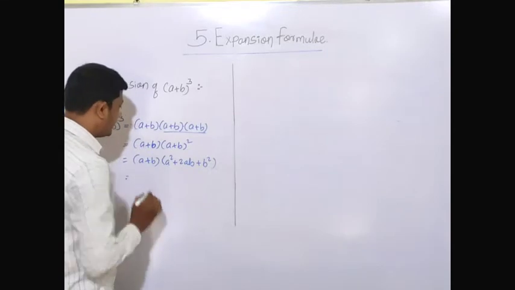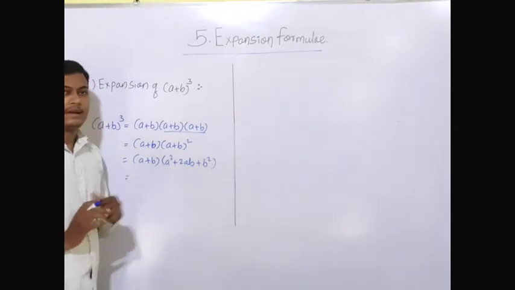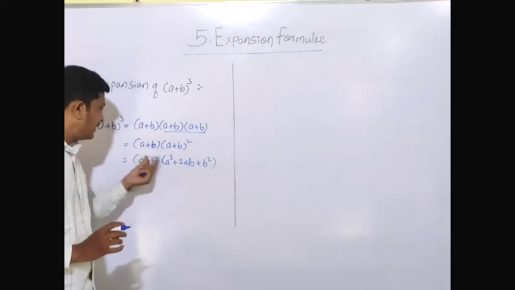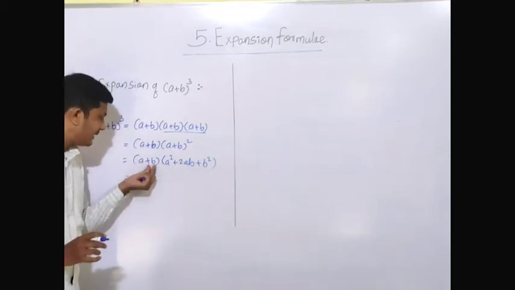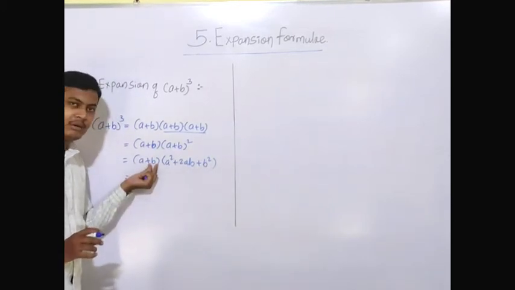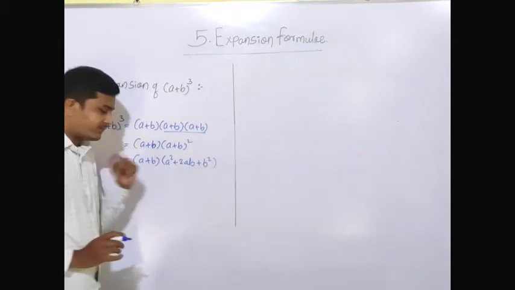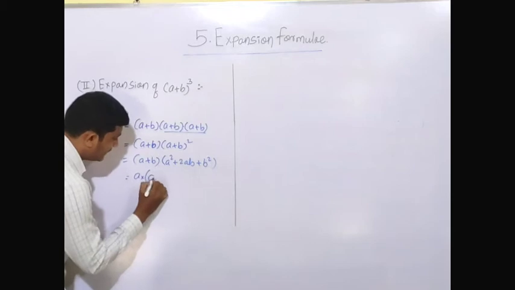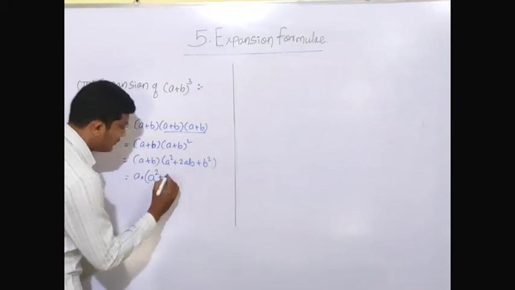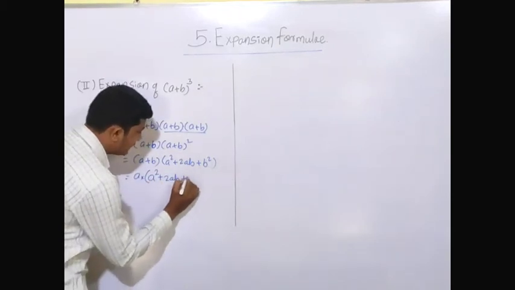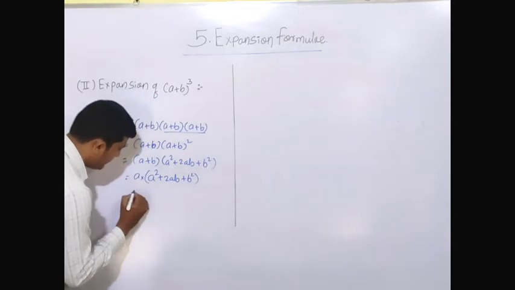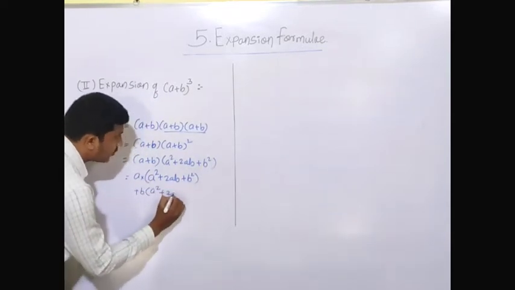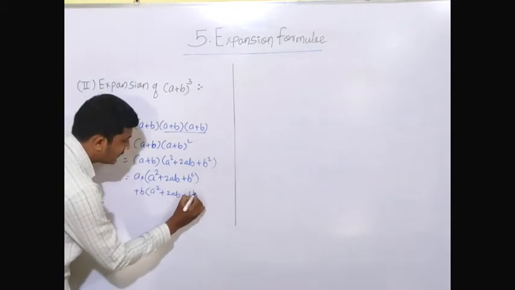Again here, what we get? Product of the two brackets. Follow the rule: first term will multiply to the whole bracket term, second term of the first bracket will multiply to the whole bracket term again. So we get a multiplied by (a square plus twice ab plus b square), plus b multiplied by (a square plus twice ab plus b square).